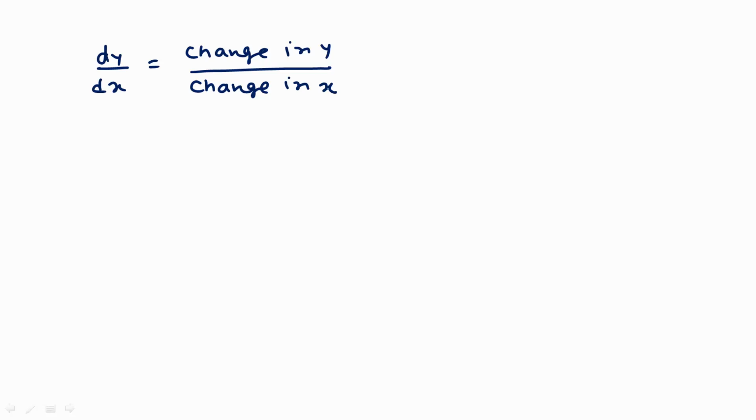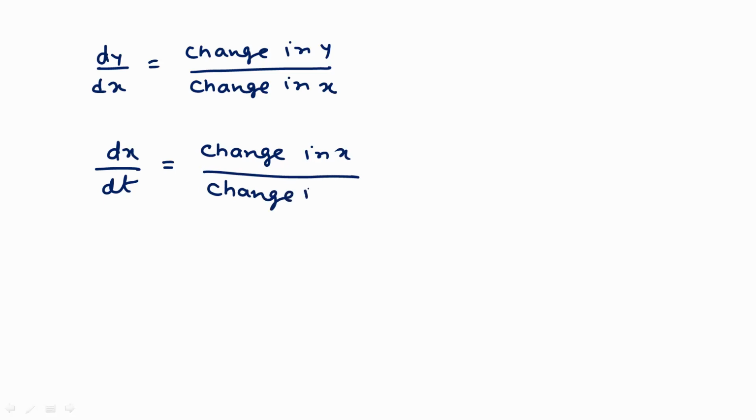If I write something like dx upon dt, then you can understand that it means change in x over change in t. And I hope you can write the meaning of dy by dt, du upon dv, etc.